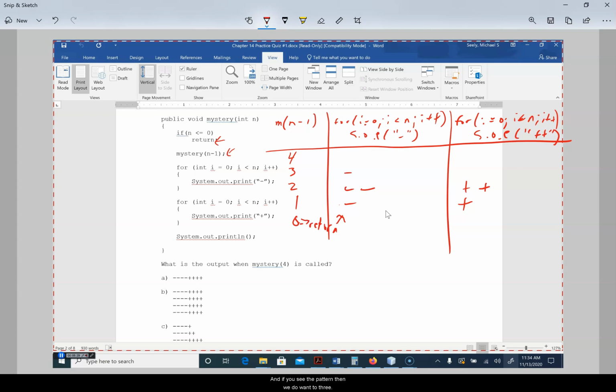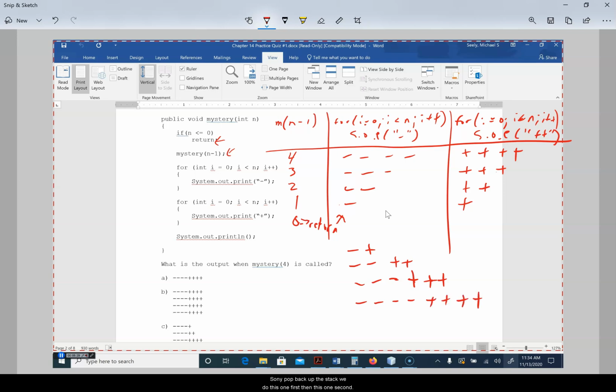And if you see the pattern, we do 1, 2, 3, 1, 2, 3, and then 1, 2, 3, 4, 1, 2, 3, 4. I wrote this out first, so what it ends up looking like would be a dash, then a plus, and then this line, so it would be dash, dash, plus, plus, and 1, 2, 3, plus, plus, plus, and then finally 1, 2, 3, 4, then plus, plus, plus, plus.